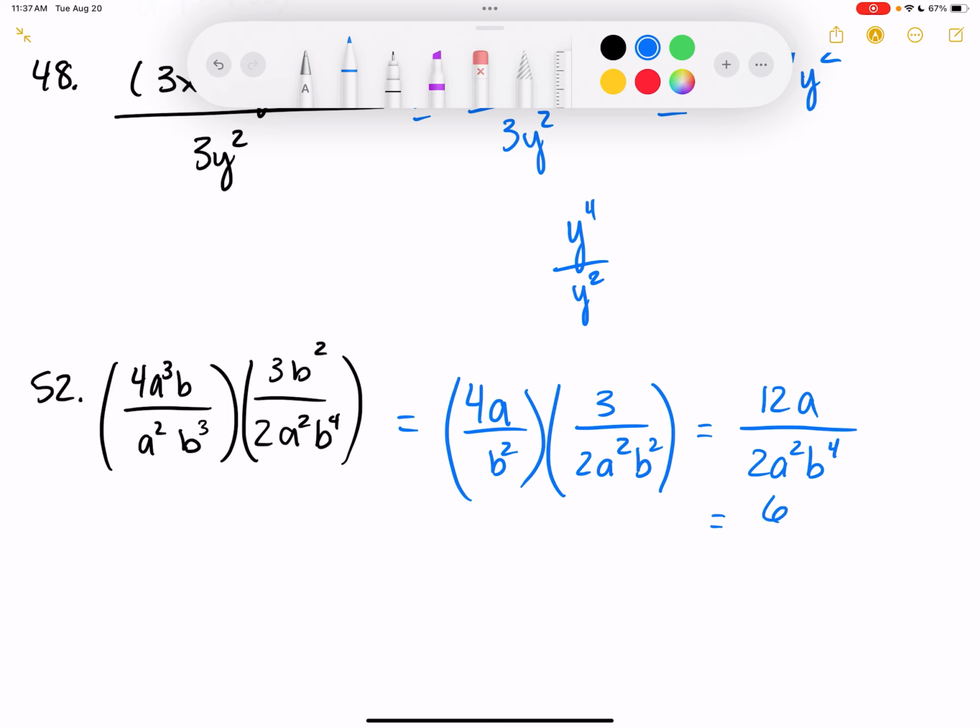So I can't have a variable that's on the top and the bottom, so I need to move something. So what should I do? The a on the top to the bottom. Yep, and that's where you would leave it. Everything simplified as much as possible.